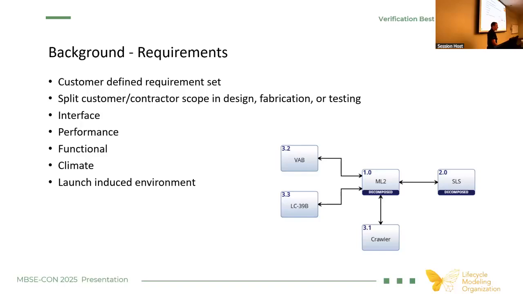Because of the architecture of it, there's a lot of interfaces that come into play. So the diagram in the lower right-hand corner is a thinned down version of what I call the context diagram that we use to track and maintain all the interfaces between different elements on the mobile launcher itself, because it interfaces with different elements that it's going to be supporting.